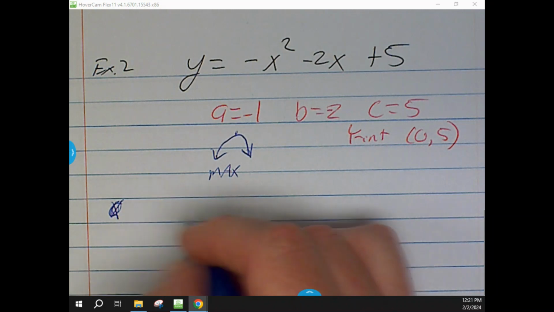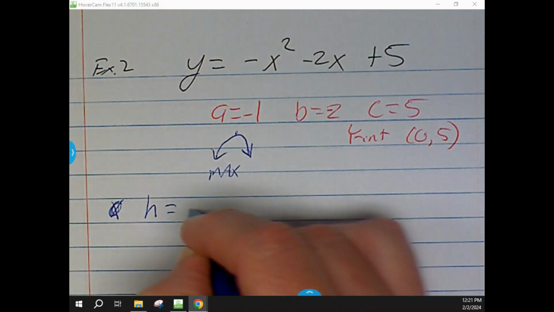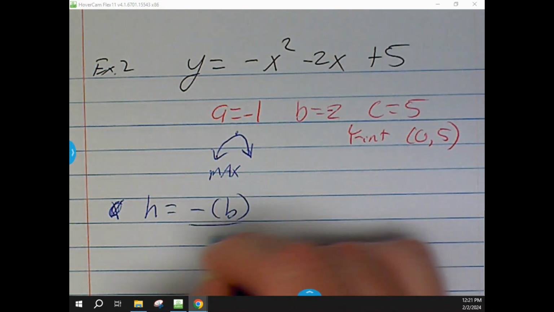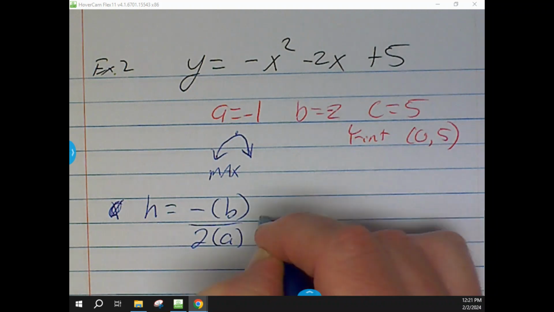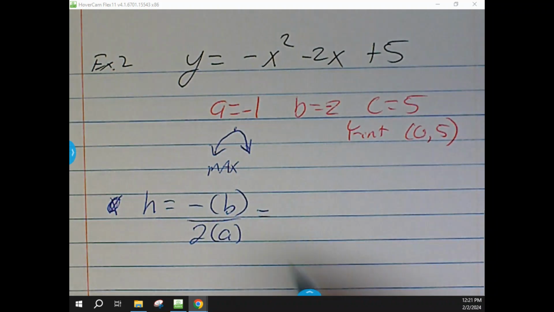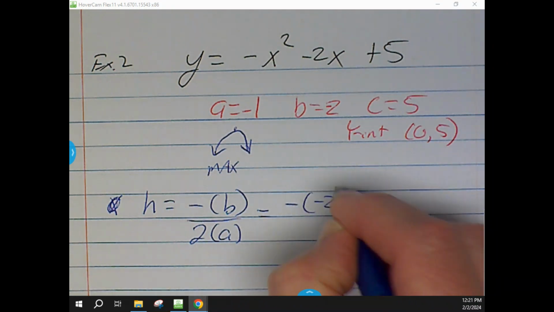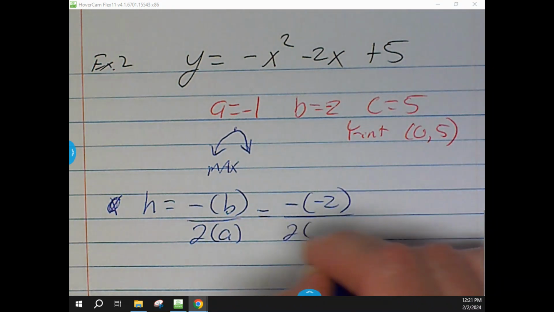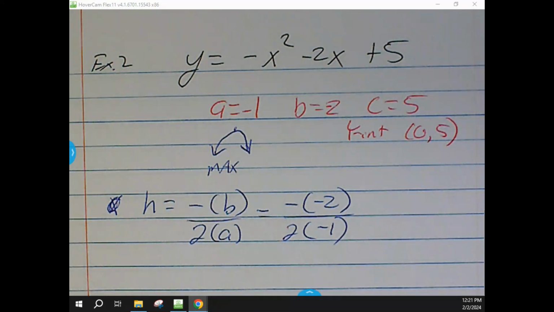All right, again, we've got to find the vertex. So the h value of the vertex, that's negative b over 2a. Here's where the parentheses come in handy, because it's minus negative 2 over 2 times negative 1. And so people are like, does that negative always stay there?